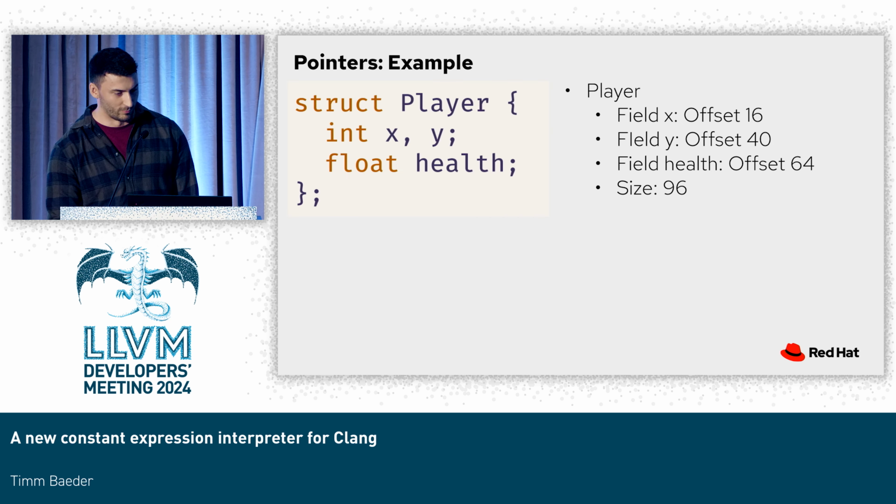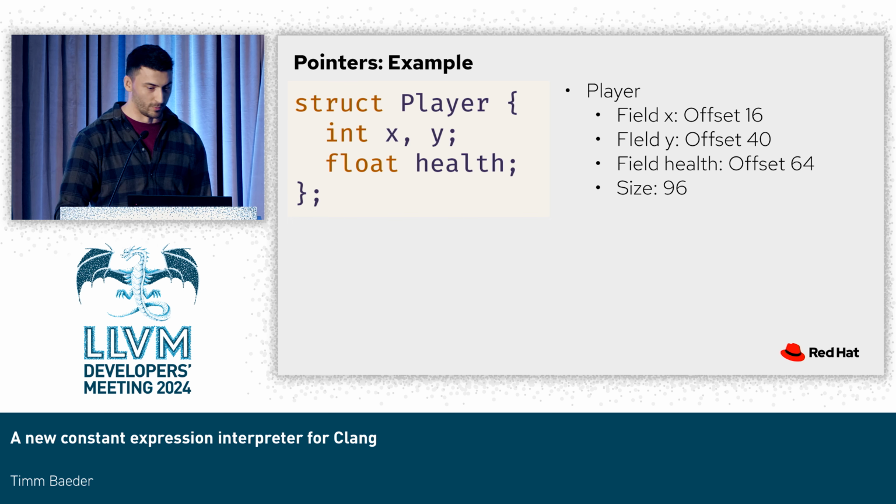So as an example, I brought a struct. And for this struct, we're going to compute the offsets. The offset for field x is going to be 16, which is simply the size of the inline descriptor, right? So if you want to refer to the field x, you would point to offset 16, and forward from that offset is the actual data of the field.